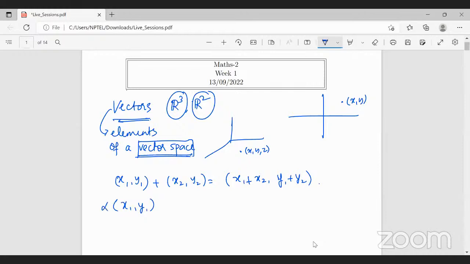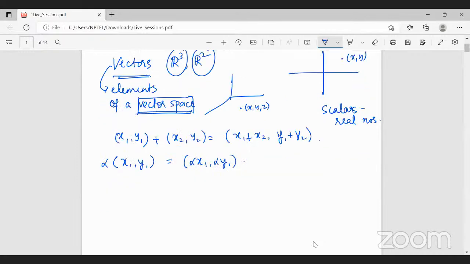Scalars are real numbers. If you multiply a vector with a scalar, that multiplication happens component wise again. This is the usual way you add two vectors and multiply a vector with a scalar, as you studied in physics as well. So this is the basics of vectors.